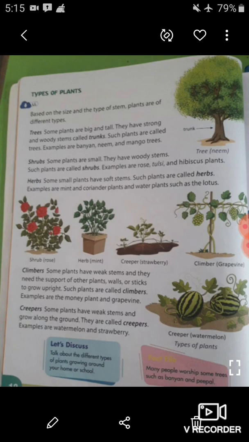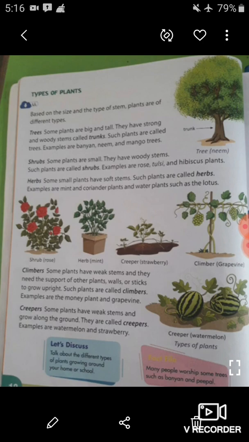So students, look at the picture. The picture of strawberry. Strawberry is a creeper. And in the next picture, grapevine. Grapevine is a climber because it needs support to climb up or grow upright.